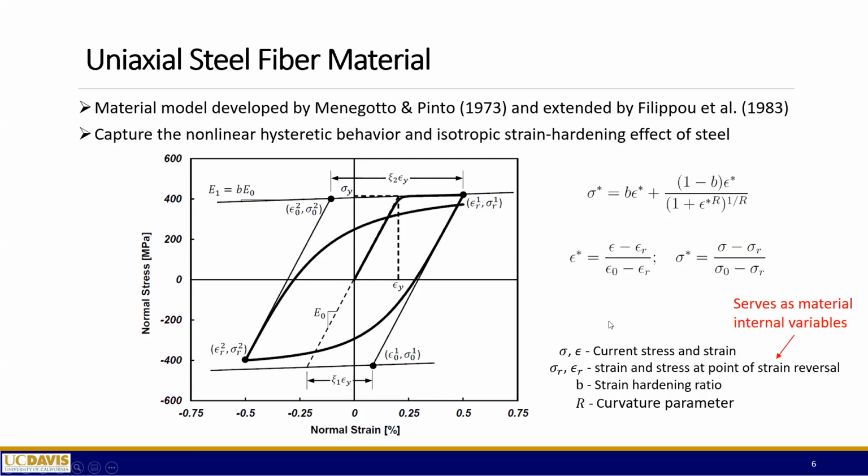Then we have the stress and strain at the point of strain reversal, which is the point right there, when you reverse the loading direction. The material records that point, and later these two variables will serve as material internal variables. And we also have a number of material constants. Here we have the strain hardening ratio and the curvature parameter.